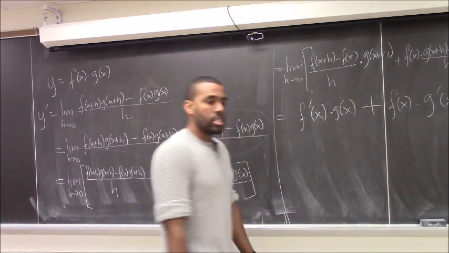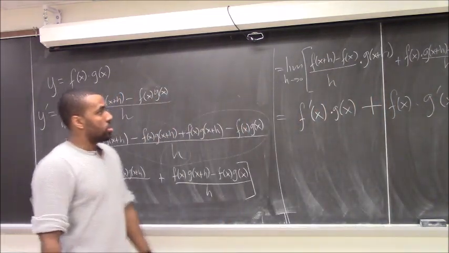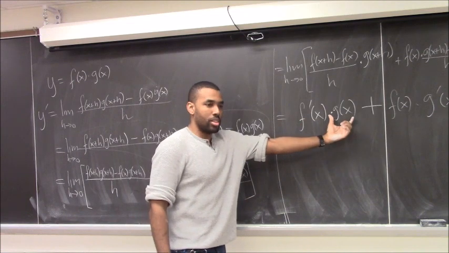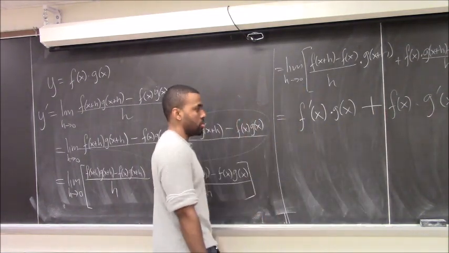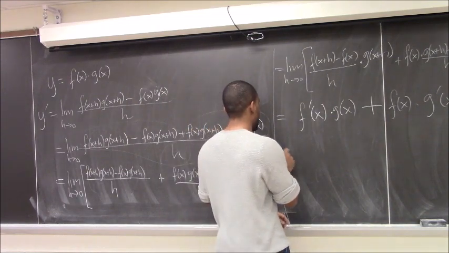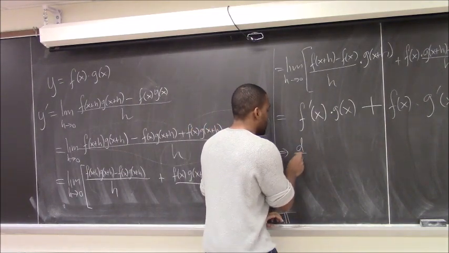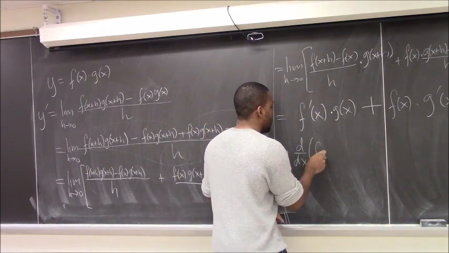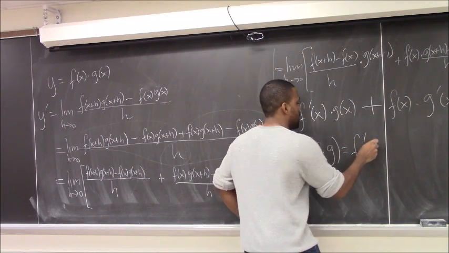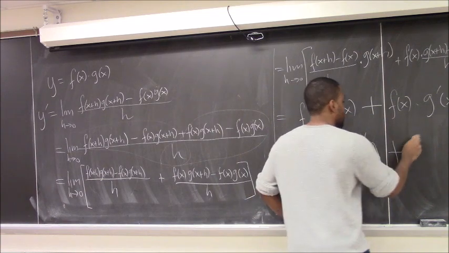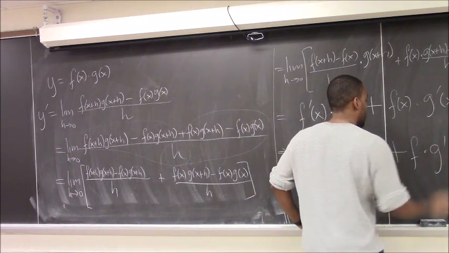So it turns out that's how you differentiate products. Differentiate one function, leave the other function alone, plus differentiate the first one, differentiate the second one, leave the first one. This gives us the product rule. This tells us that the derivative of one function times another function is f prime times g plus f times g prime.